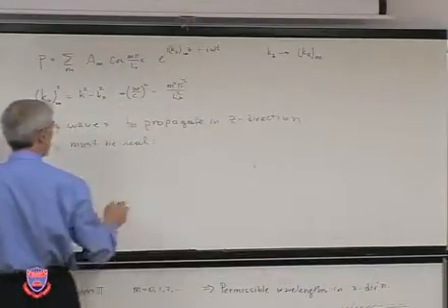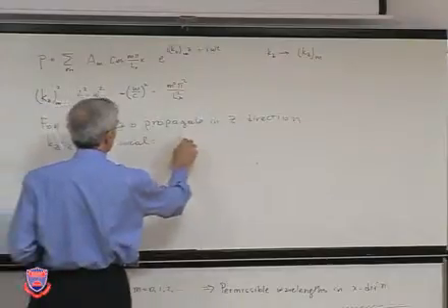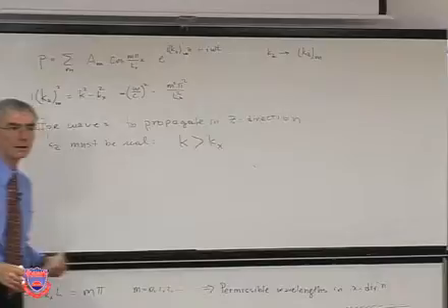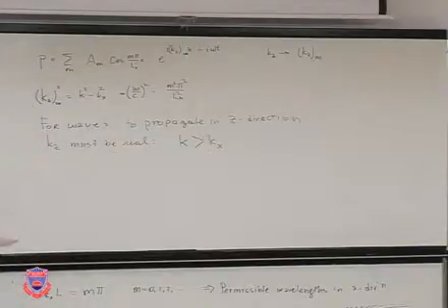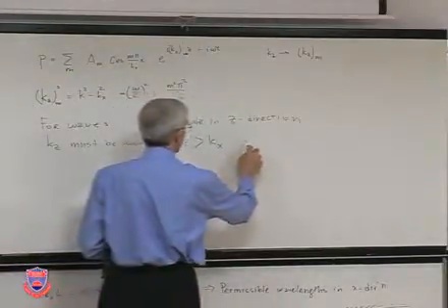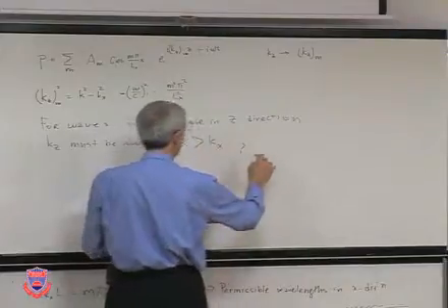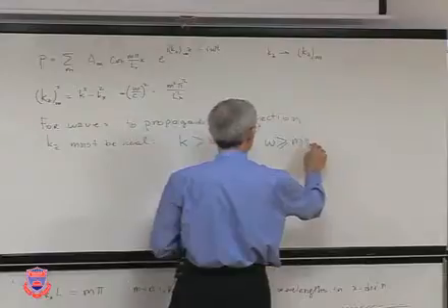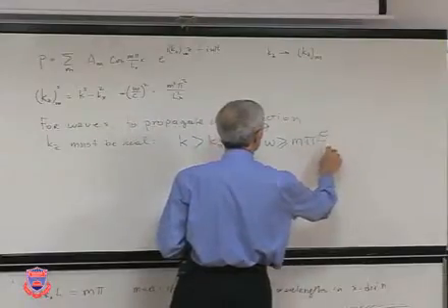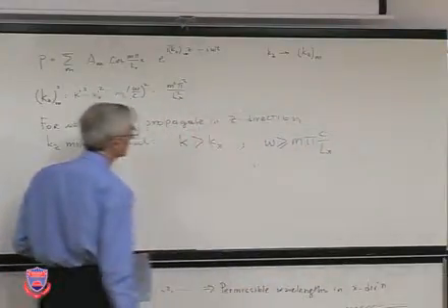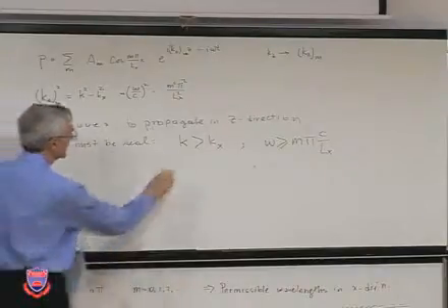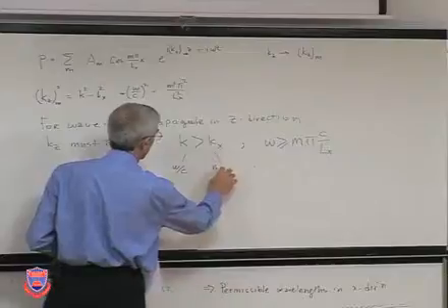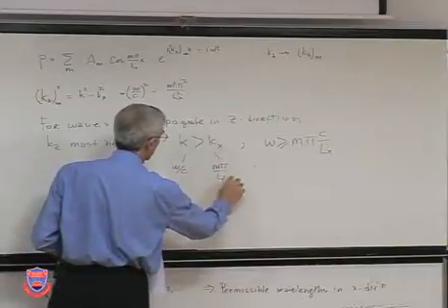And for kz to be real, that means k must be larger than kx, k being omega over c. And that means frequency must be larger than this. As you know, this is omega over c, and this is m pi over Lx.